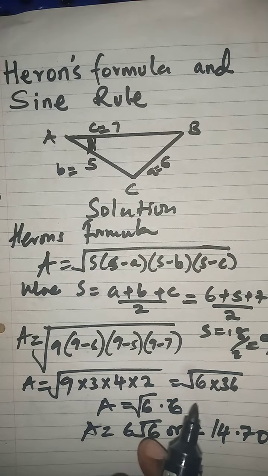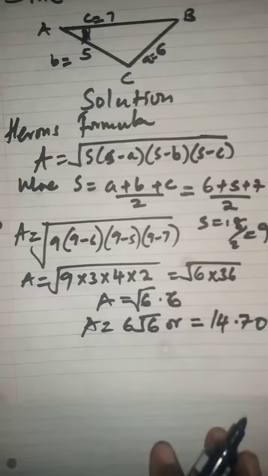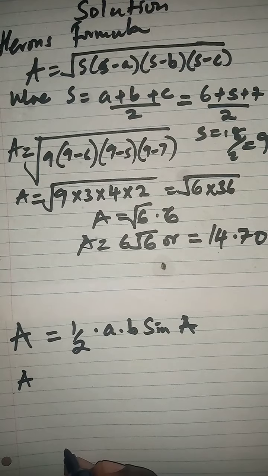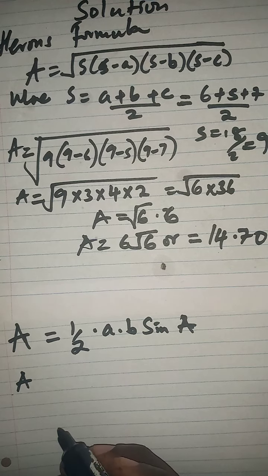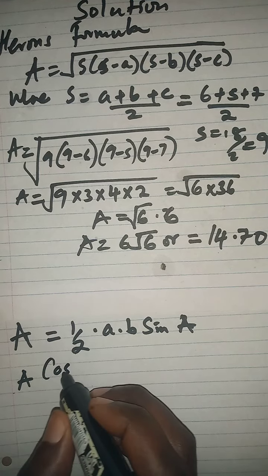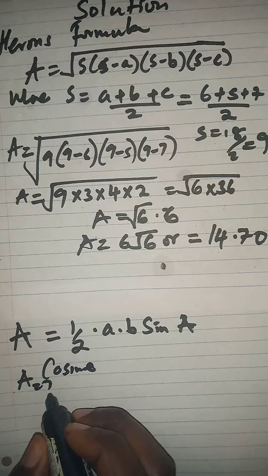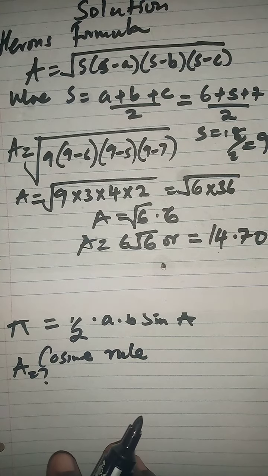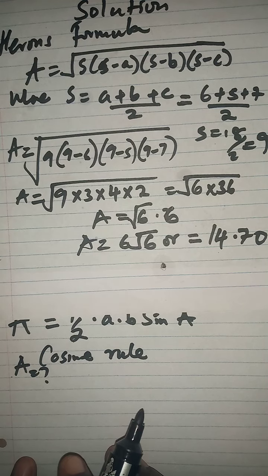But for me to find the angle, I'll recall that angle A can be gotten by the cosine rule. The cosine rule will give me the value of angle A easily.